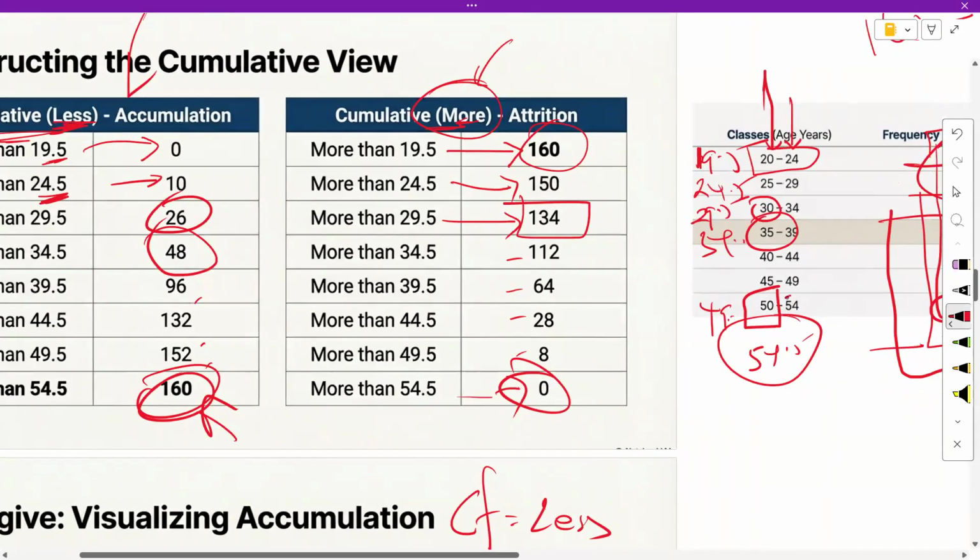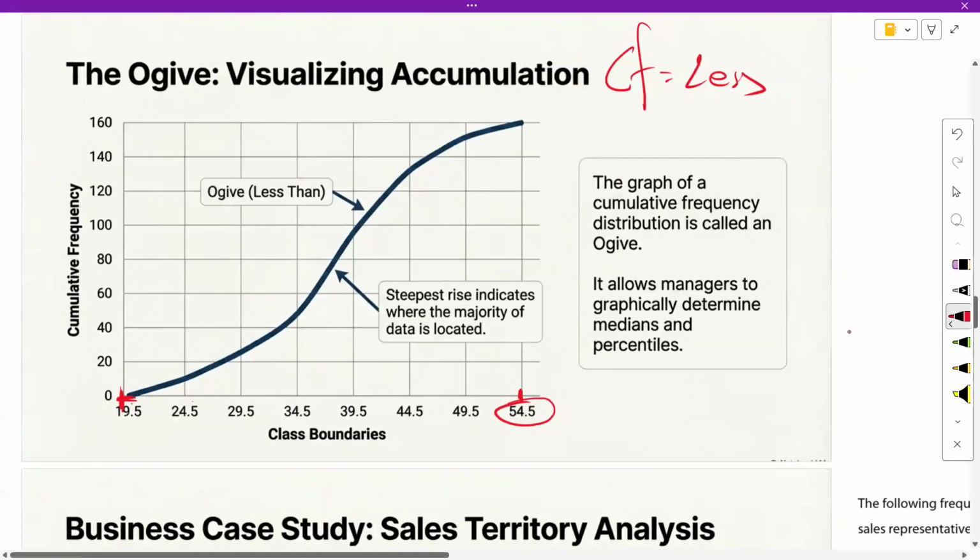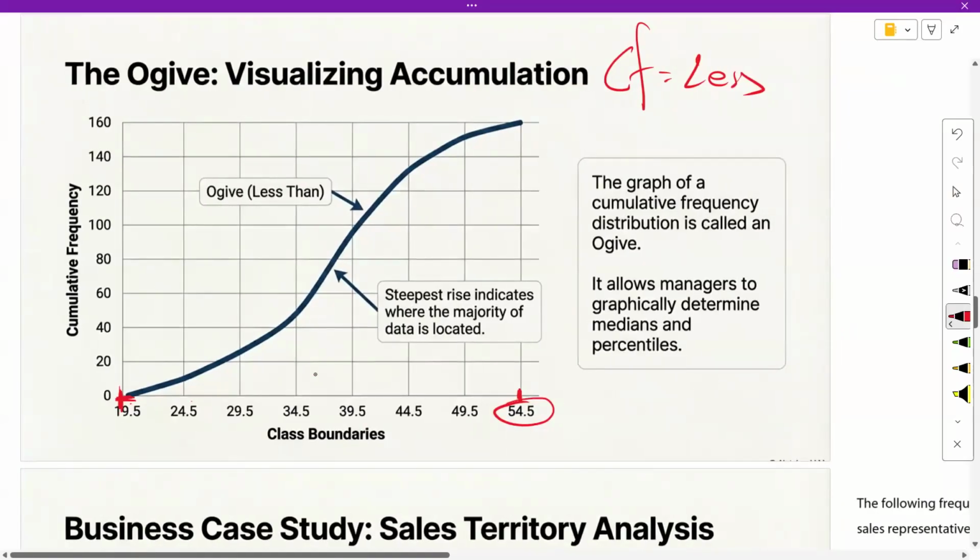So we take the last range, 54.5. We have to make it very clear and neat. This is the x-axis, class boundaries, not mid-class. Be very careful. We are considering class boundaries and cumulative frequency, not just frequency.